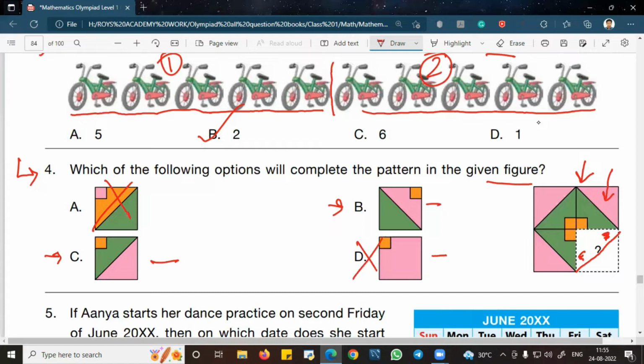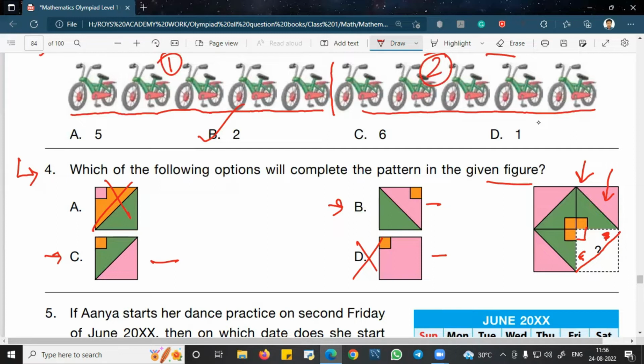Okay, now we have to discover the ultimate thing, which is the right answer from option B and option D. So you guys see the inner place there will be one rectangle, and this is the one complete rectangle, and this is the yellow color.